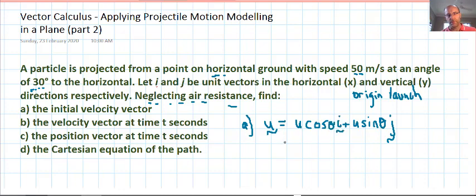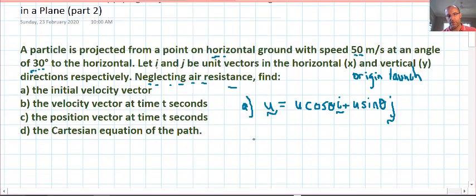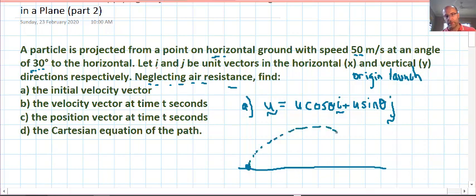The reason for that, by the way, is when we're launching something on a parabolic journey, it will travel in a parabolic path, projectile motion. At launch we've got the initial velocity, which is a straight line vector, just at that instant of launch. And there are trigonometric reasons why it's u cos theta i plus u sin theta j.